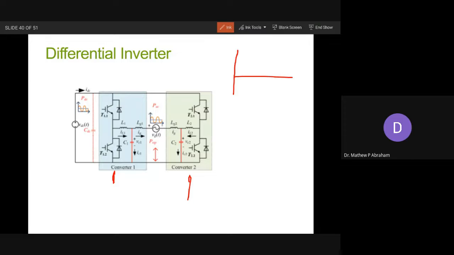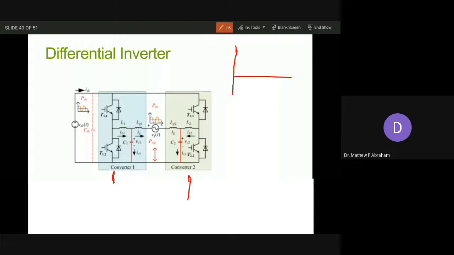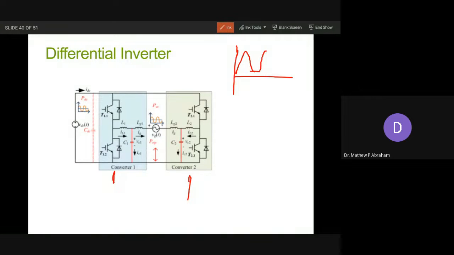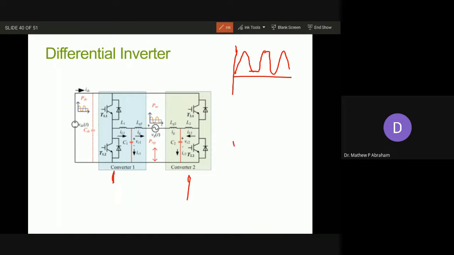Then we will be changing the duty cycle in this manner. Similarly, we give a 180-degree phase shift and change the duty cycle in this manner.